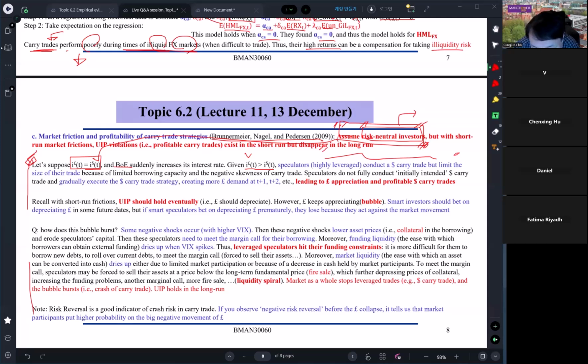The problem is these speculators are highly leveraged ones. This is true in real practice. We find many speculators in the FX market, and it turns out they are highly leveraged, which means they don't have much capital on their balance sheet.